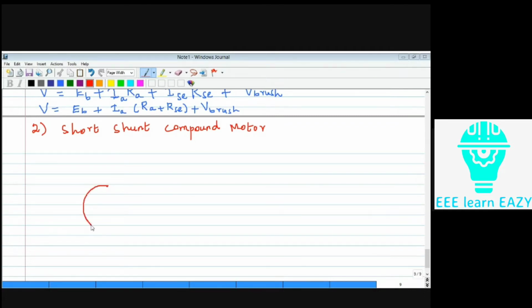We have our armature here, also the series field.